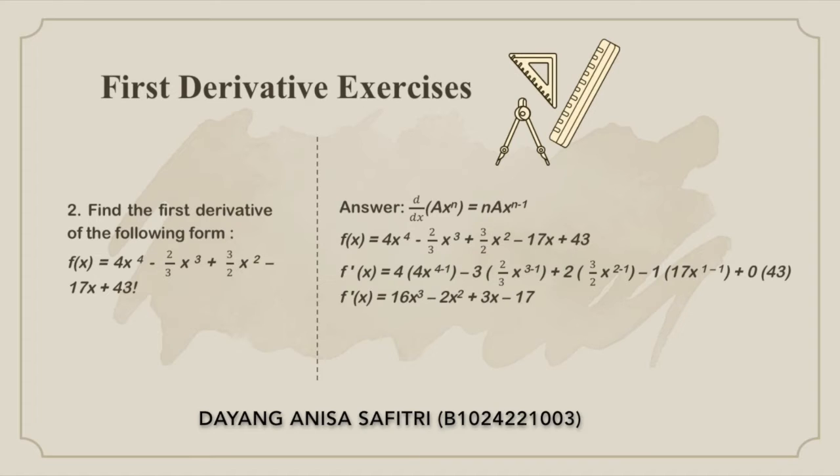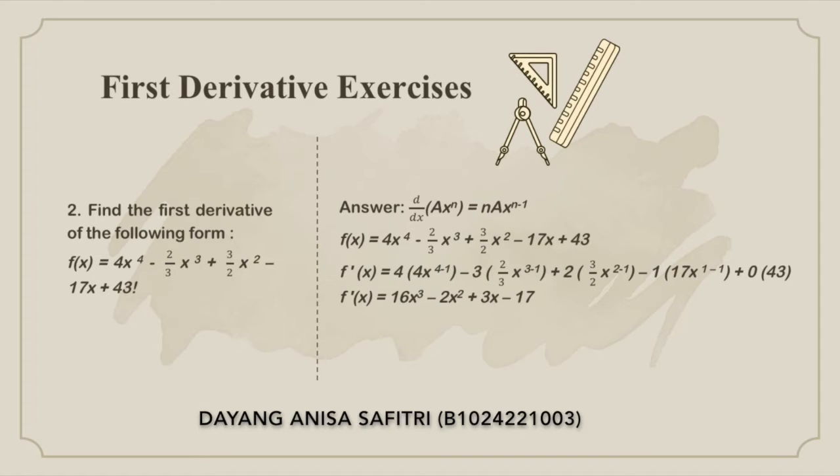F prime of x equals 4 in the bracket 4x to the 4 minus 1, minus 3 in the bracket 2/3 x to the 3 minus 1, plus 2 in the bracket 3/2 x to the 2 minus 1, minus 1 in the bracket 17x to the 1 minus 1, plus 0 multiplied by 43.